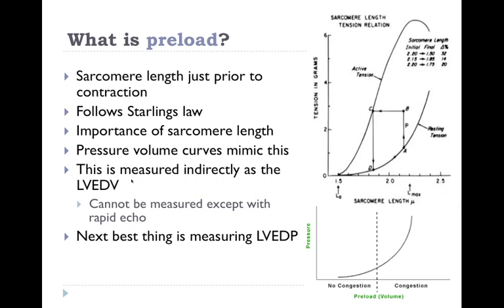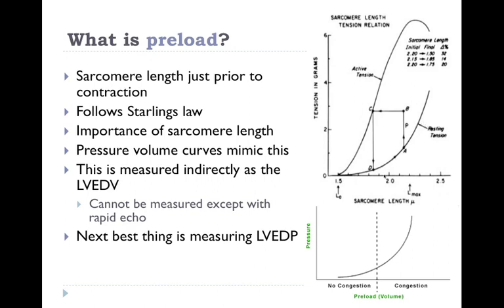The next best thing that we have available at this time is the use of left ventricular end diastolic pressure, which is fairly much correlated to the PA occlusion pressure. One of the things that I want you to understand is that this is related to the compliance of the ventricle. This preload line is not linear.